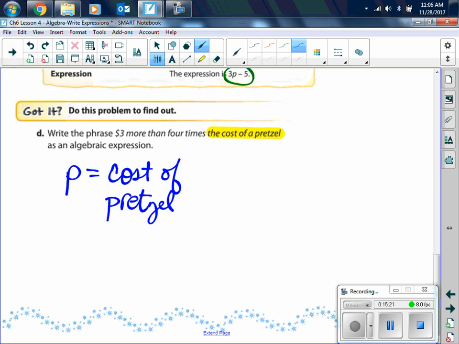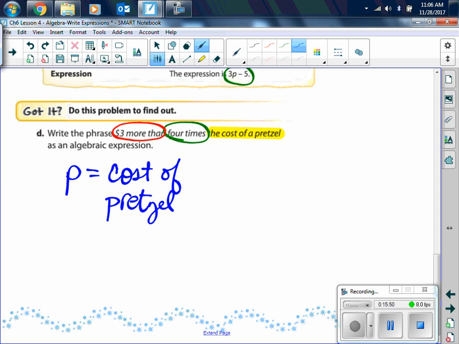Now, what am I going to do with that unknown? According to our order of operations, let's see. Here we have 4 times the cost of the pretzel, right? But we want to have 3 more than that, right? So, what's the first thing we're going to do?